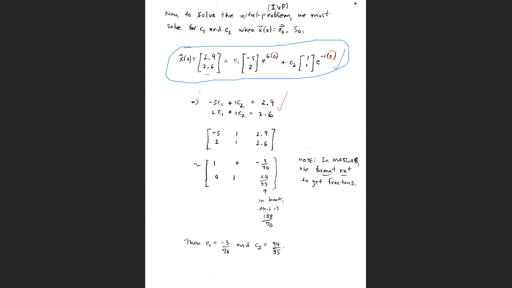Oh, IVP means initial, should be initial value. I left out the value. Initial value problem. Thank you, Solman. Please put value here, initial value problem, and I'll fix that in my notes as well.